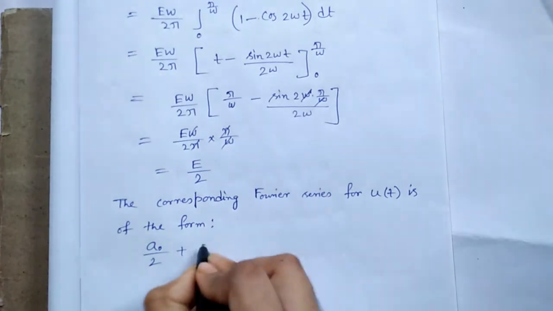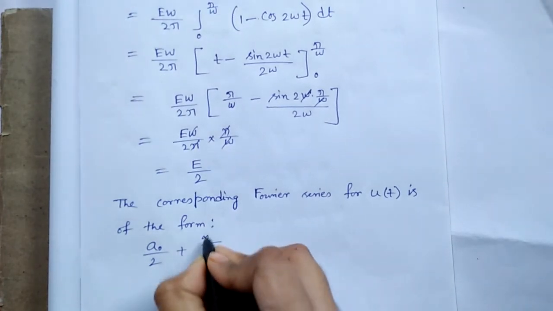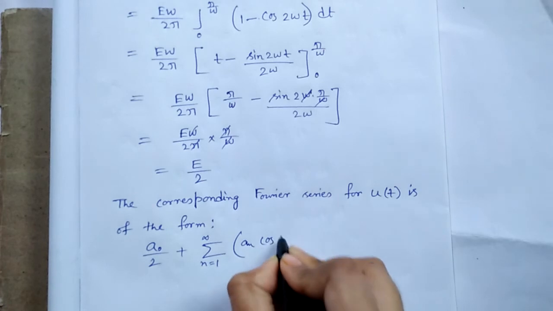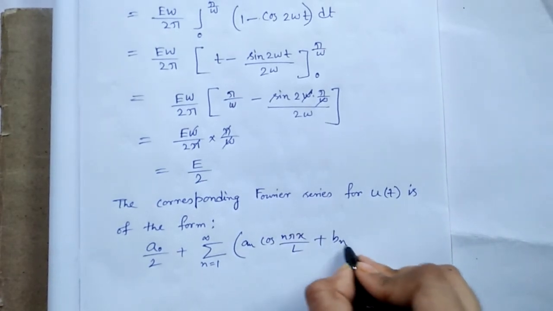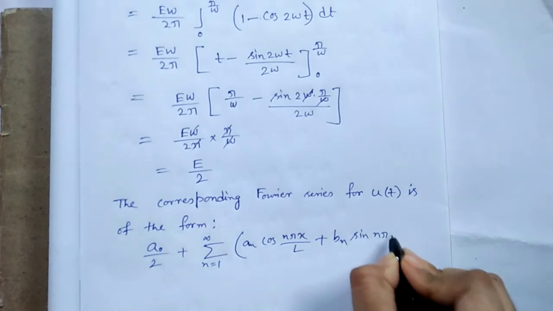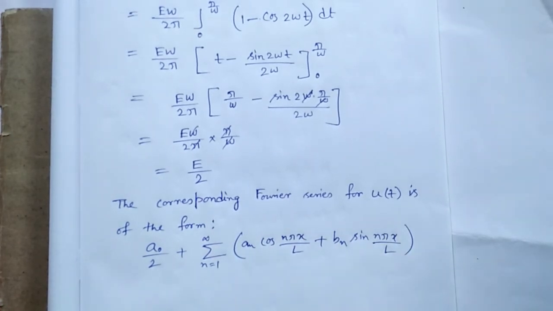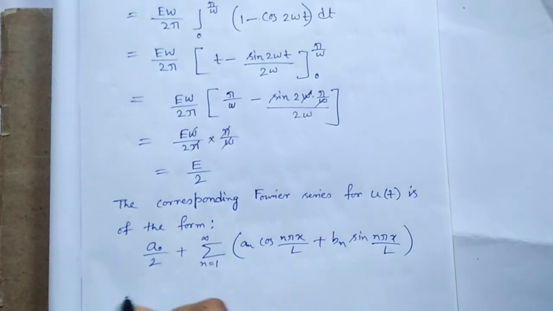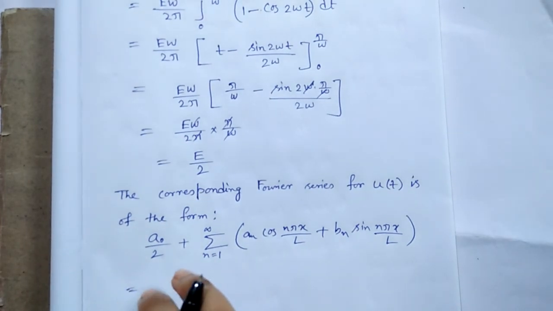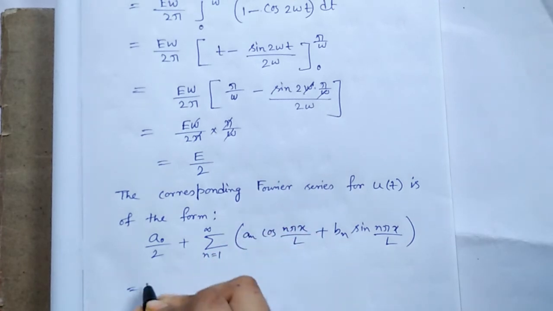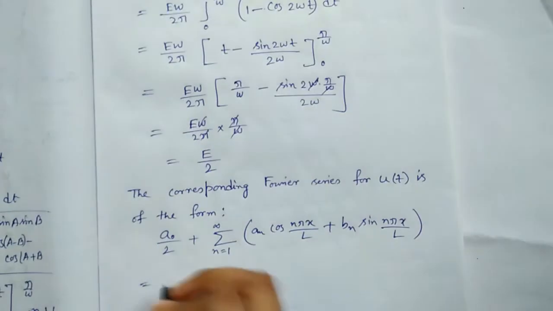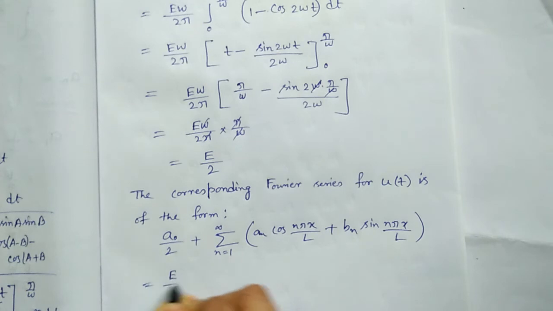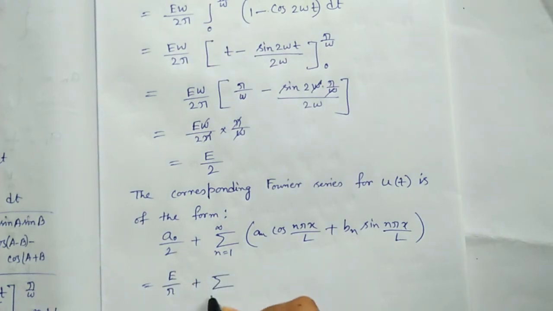a0 by 2 plus summation n equal to 1 to infinity an cos n pi x by L plus bn sin n pi x by L. This is equal to, now the value of a0 is, see what is the value of a0, this is 2e by pi, so a0 by 2 is e by pi, plus summation.